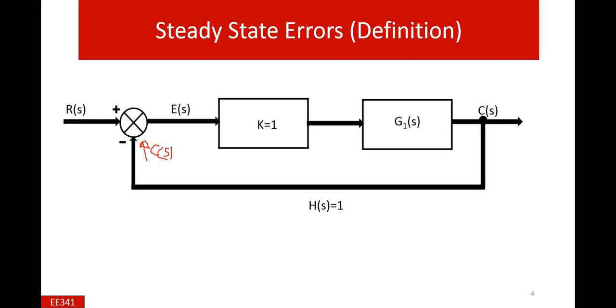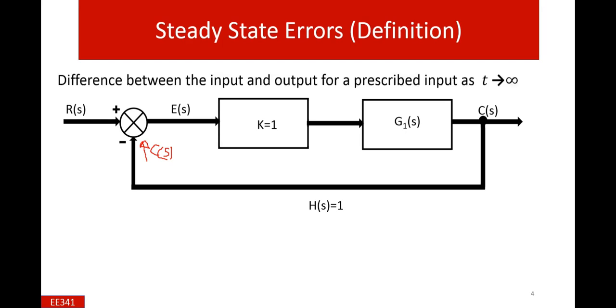So what is meant by the steady state error? If the system is stable and linear, then steady state error is the difference between the input and the output value at time equal to infinity, when the system attains its steady state.